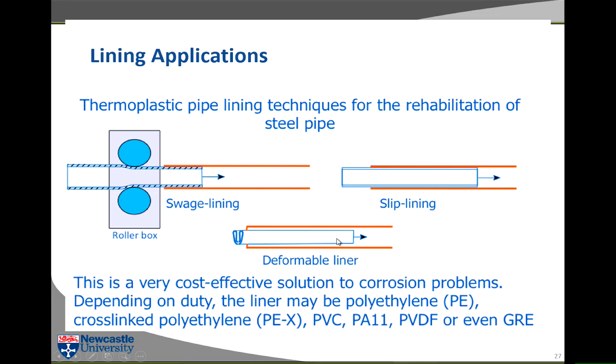And then the other one you can use is a deformable liner. There you just take the plastic pipe. These are a thinner walled liner. You take the thermoplastic pipe and just fold it up into this U shape. And to keep it in this shape, you put little ties around it, like the thermoplastic cable ties that you see in electrical distribution.